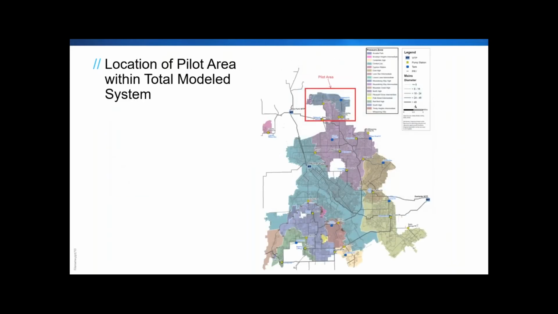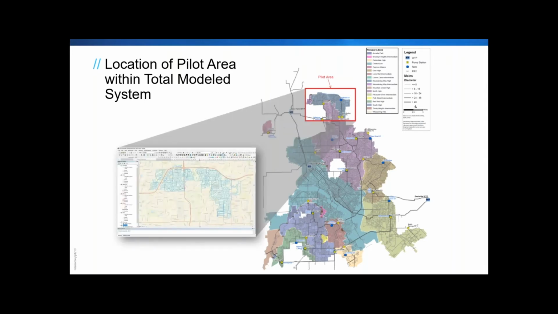So again, with the system here, we didn't want to do the whole system and try to connect Info360 at once. We wanted to take a pilot area. So we took an area in the north part of the system, as it shows up here, that had a lot of good assets that represented a lot of what we wanted to look at throughout the whole system.